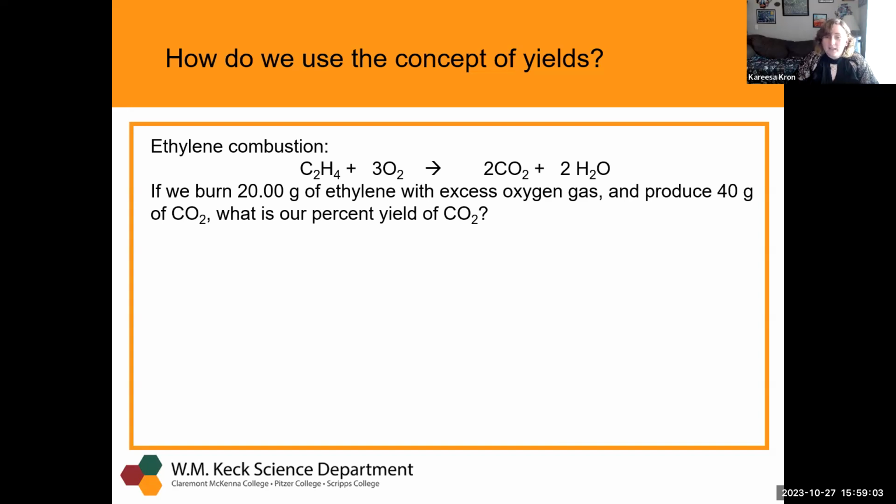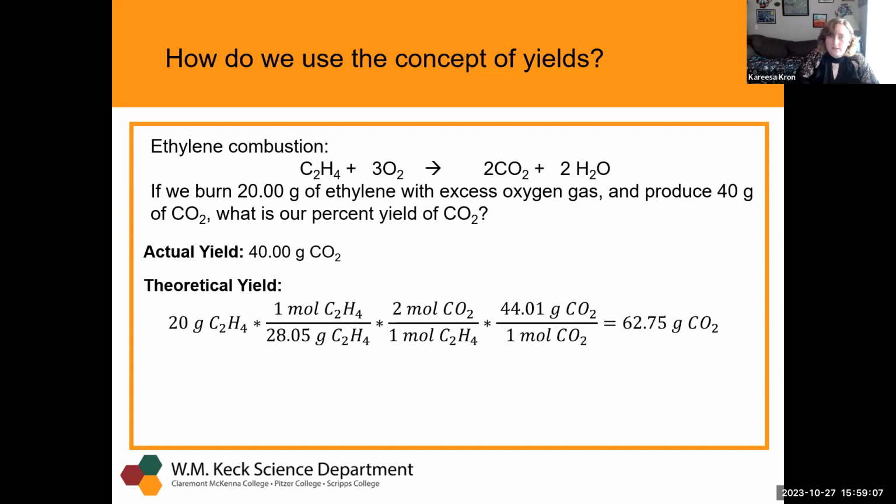And then we have to calculate our theoretical yield. And our theoretical yield is going to be how many grams of CO2 we would have gotten out if this reaction worked 100% and if we used up all 20 grams of ethylene. And so we're going to use some of the tools that we've been learning to do this calculation.